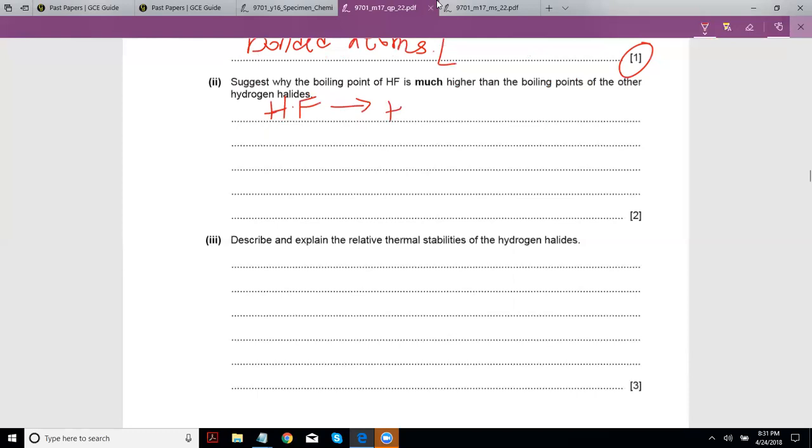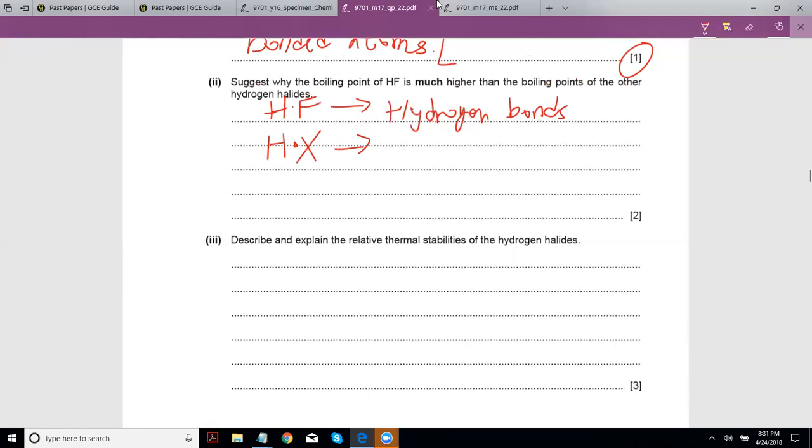So this would form hydrogen bonds, which are stronger than the bonds the other hydrogen halides have. Let's call them HX. Oh yeah, that's the convention, that's a better way to put it.